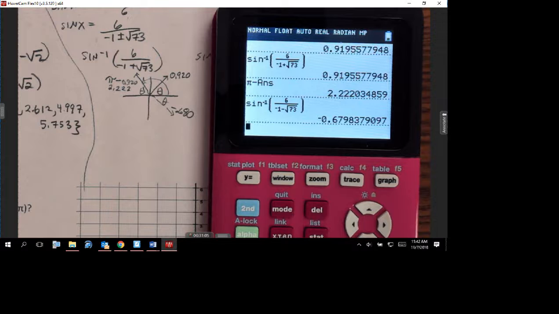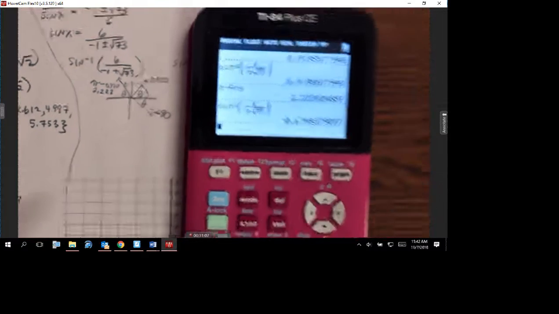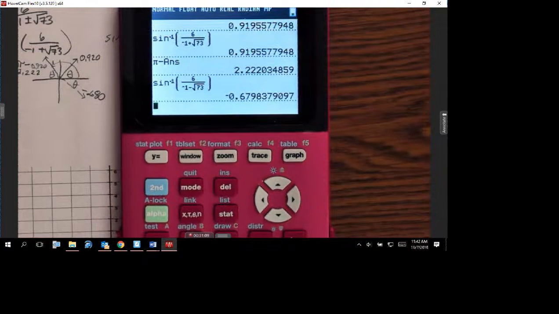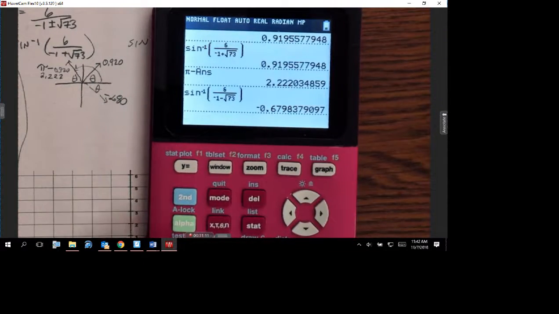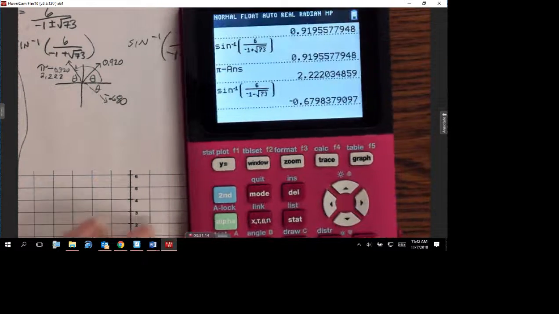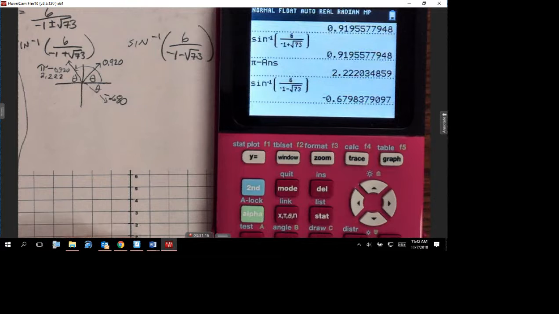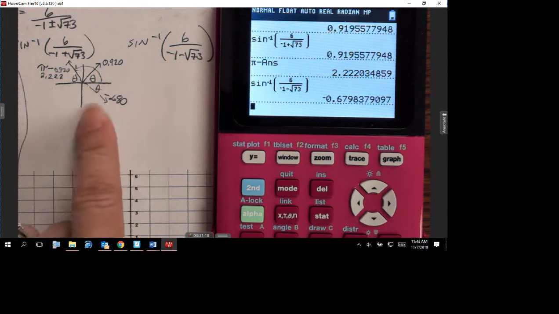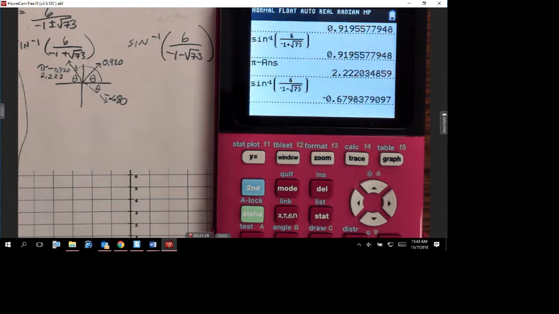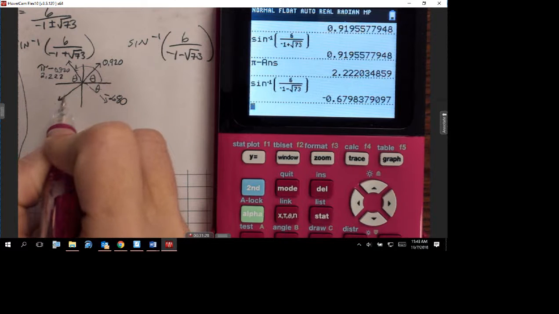So when I type this in, I get a negative number. That's in the 4th quadrant. So sine is negative in the 4th quadrant. Where else is sine negative? 3rd quadrant. There is going to be an answer in the 3rd quadrant as well.